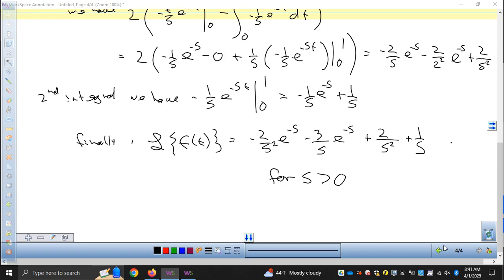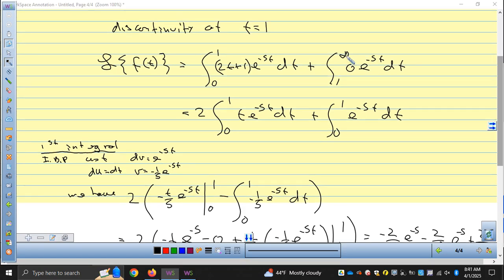It depends on the form of your integral, because for some it might be s greater than some value. Generally, we keep s positive. And usually that is because if we have an infinite limit of integration and we have this e to the minus st, that integral is going to diverge if s is negative. So it only converges if s is positive.